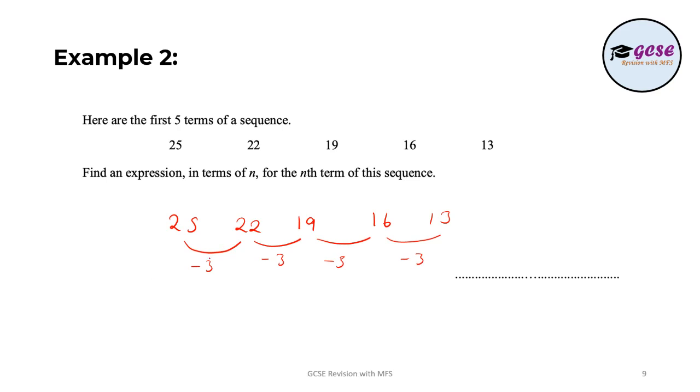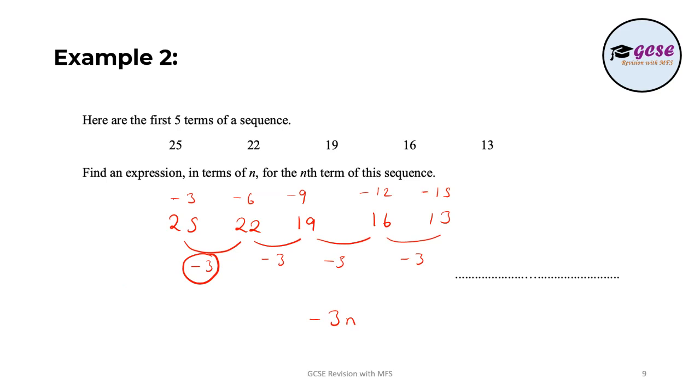Okay, the difference is now the coefficient of n, so the number before the n. So it's going to be minus 3n. Now, because we're subtracting 3 each time, we write down the negative 3 times table at the top. So negative 3, negative 6, negative 9, negative 12, and negative 15.